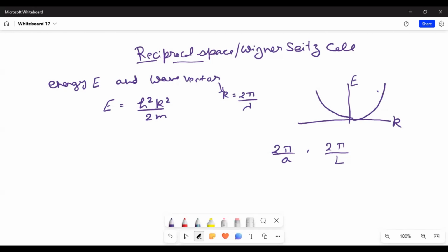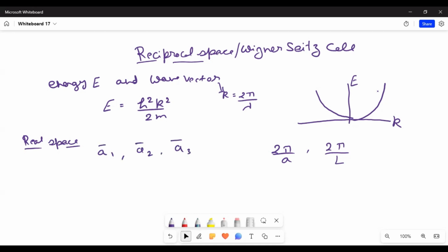Now, in real space, there is an atom arrangement, and it is described with the vectors a1, a2, and a3. These three vectors are defined.